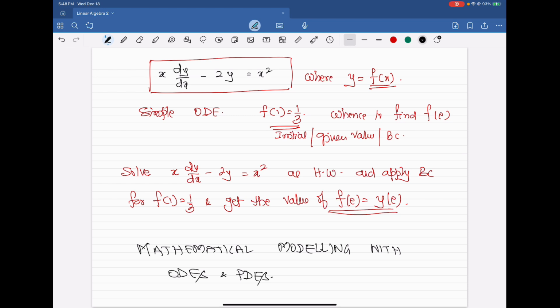Then we will move forward to Fourier transformation and Laplace transformation, and we will slowly conclude our calculus.